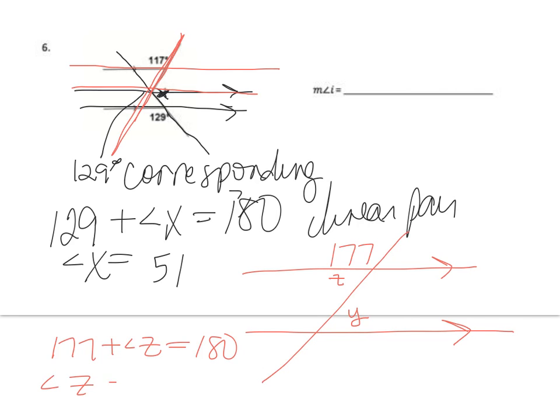Angle Z equals 3 degrees. How is that even possible? Because it's 117. Score one, Shellhammer. 117 subtracted from 180 is going to be a bigger number.